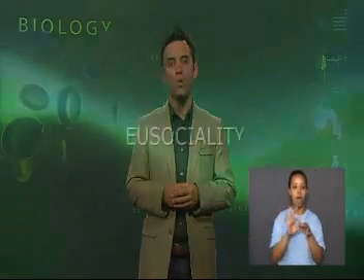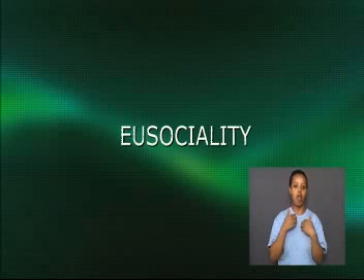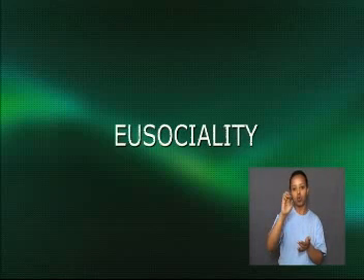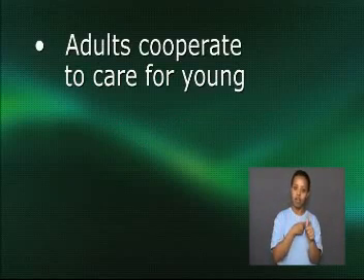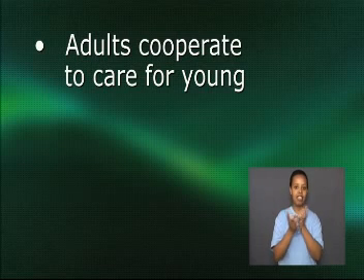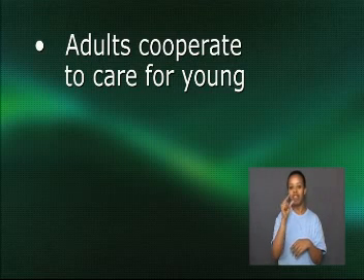Bees are one of the many species of insects that exhibit a social behavior called eusociality. Eusociality has three main features. First, there is cooperation between the adult species in caring for the young.